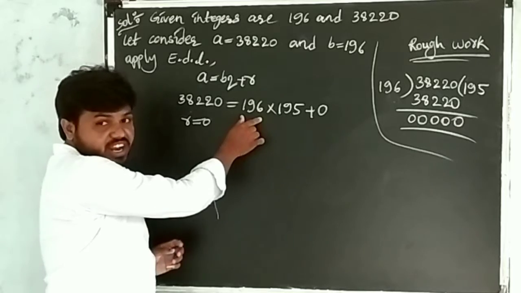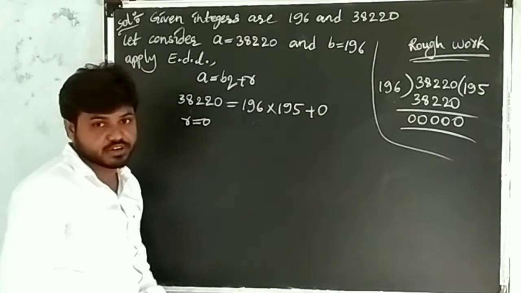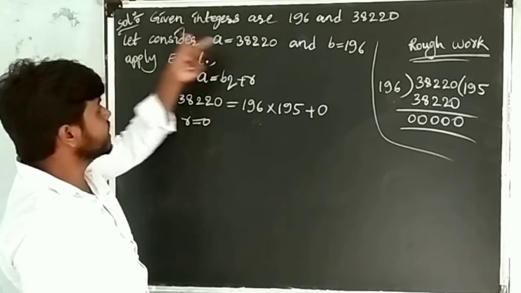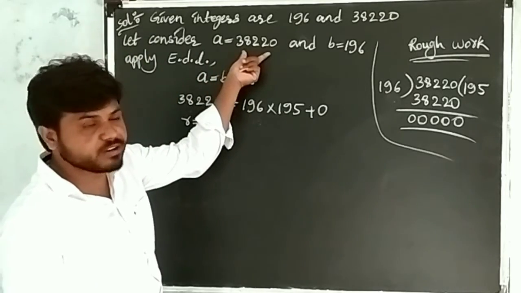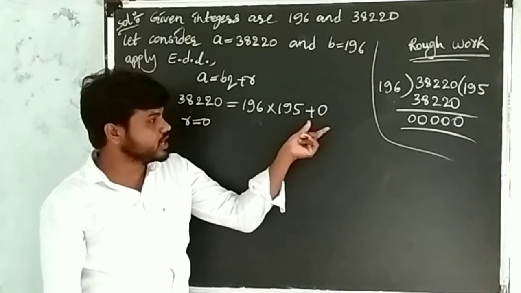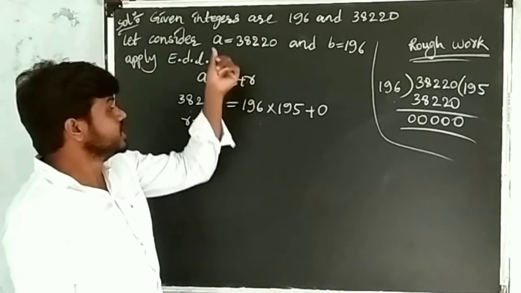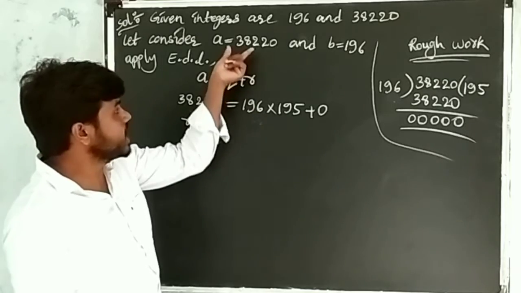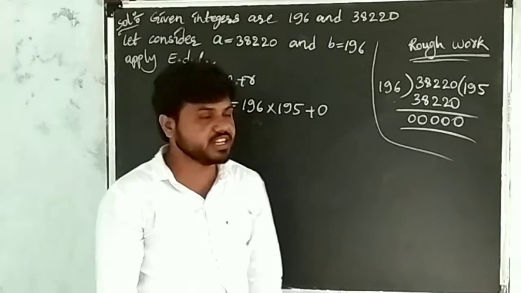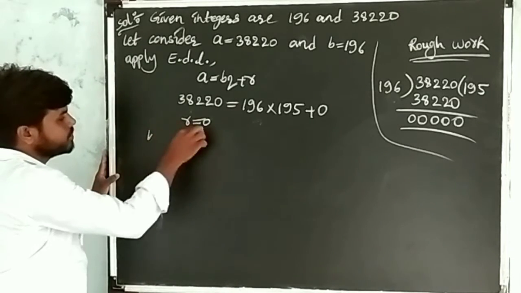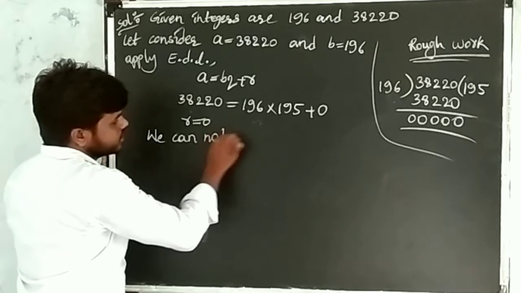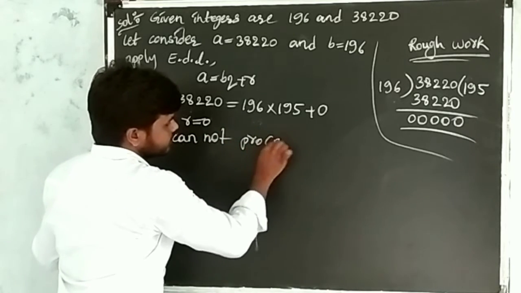With the divisor 196, we are getting remainder 0. That's why this 196 will become the highest common factor of 38,220 and 196. We cannot proceed further.